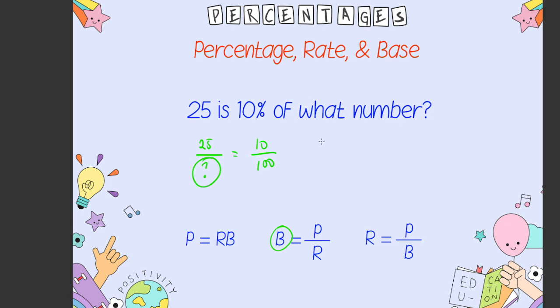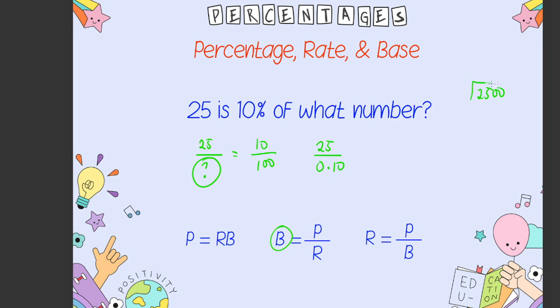So that's going to be 25 divided by 0.10. I'm going to show you how to do that manually. So that's 25 divided by 0.10. So you simply have to move 2 places to the right for your denominator, and also move 2 places to the left for your numerator.